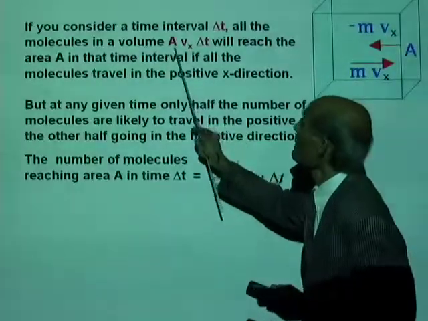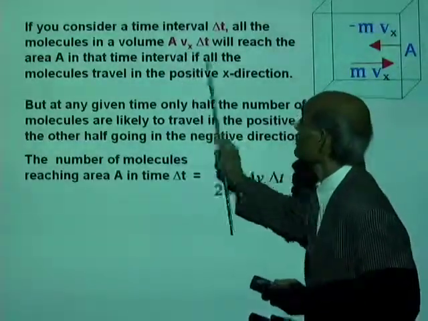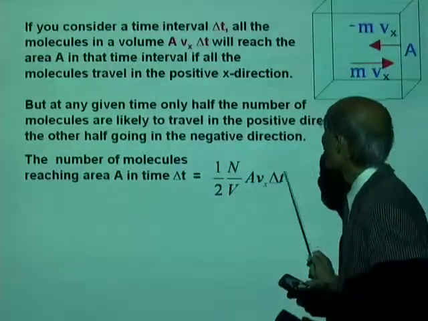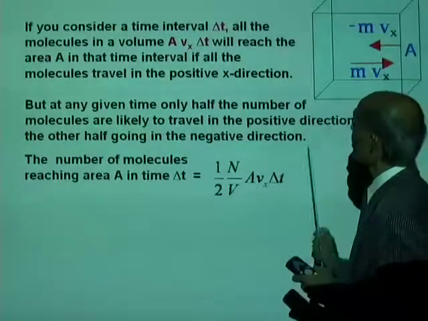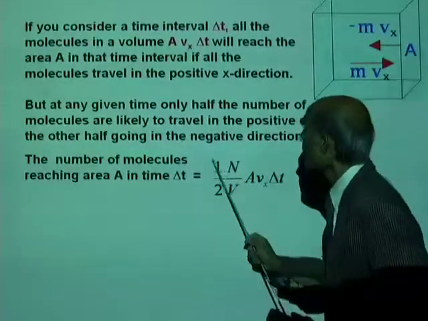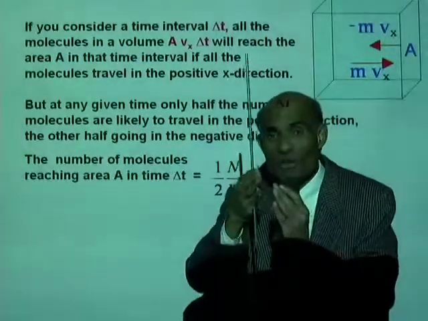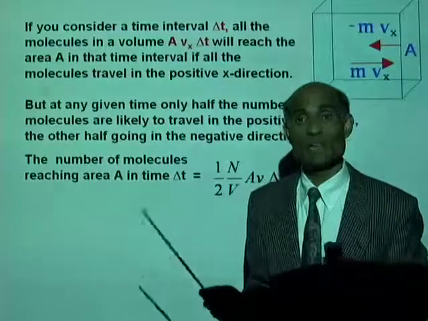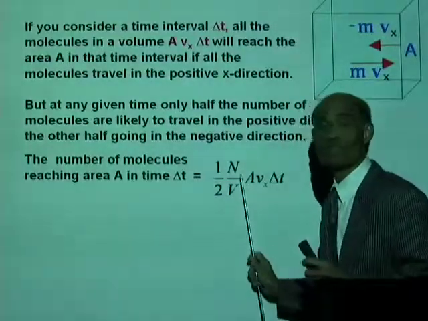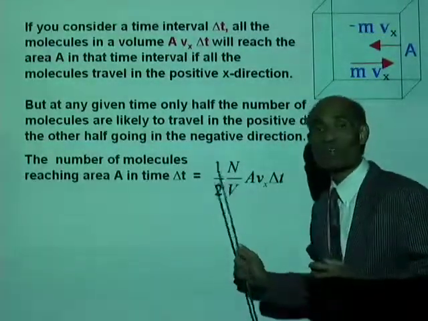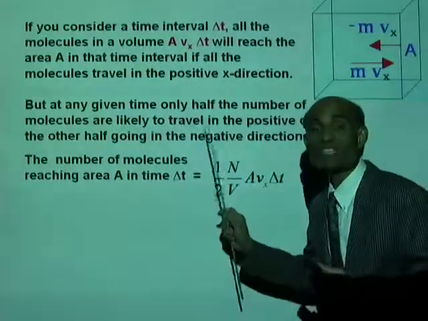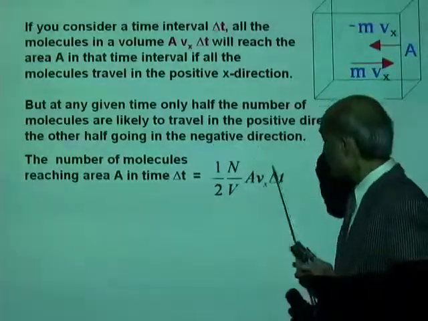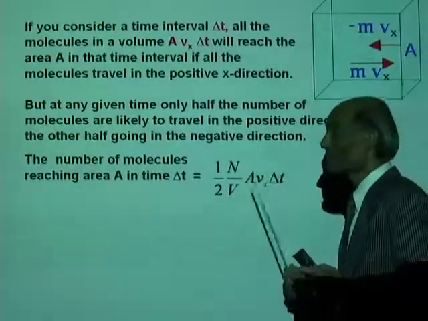So, if you multiply this with the number of molecules per unit volume, that will give you the total number of molecules reaching that wall, and only half of that will be likely to be moving to the right. The other half is moving to the left. So what does this quantity represent? This quantity represents the number of molecules that is likely to hit the area A during that time delta t.